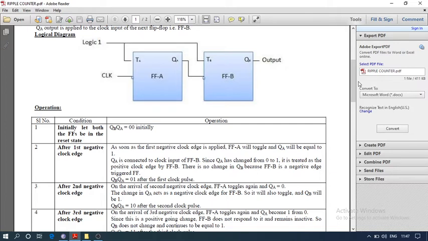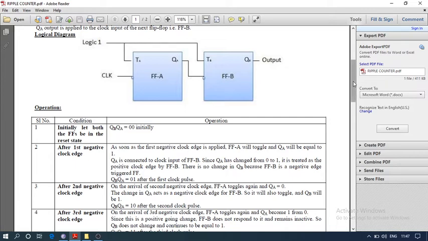After the first negative clock to FFA, what happened? The QA is connected to the clock input of FFB. Since QA has changed from 0 to 1, it is seen as a positive clock edge by FFB. So there is no change in QB because FFB is negative edge triggered, right? And so the number QBQA is 0 1 after the first clock.